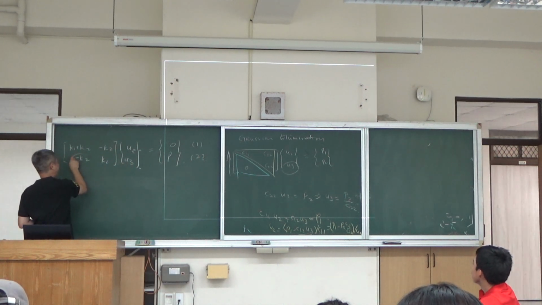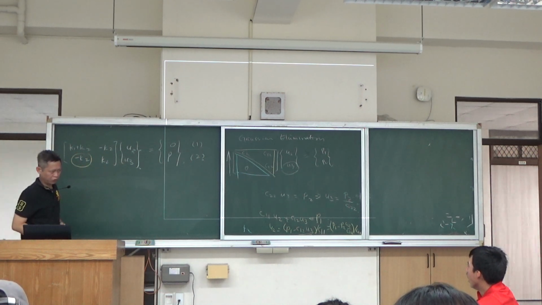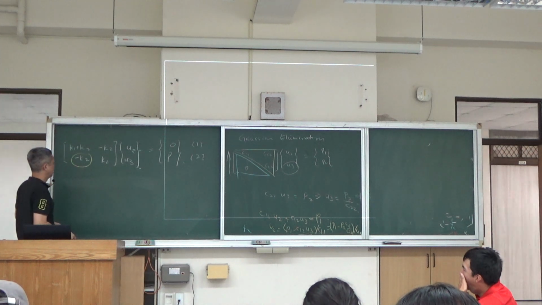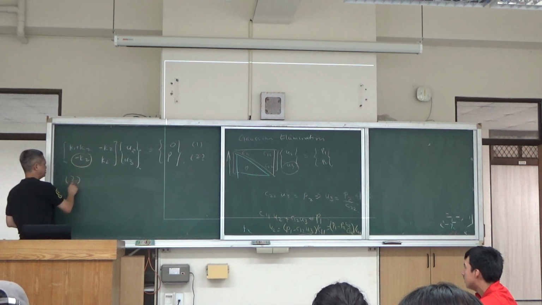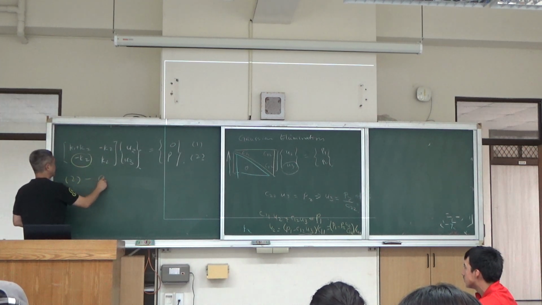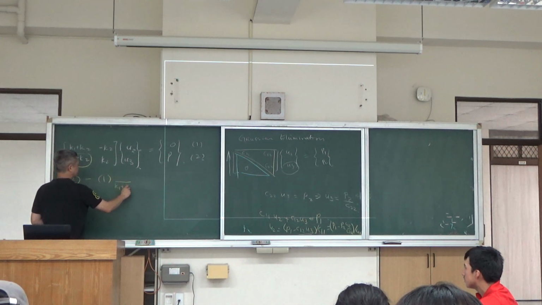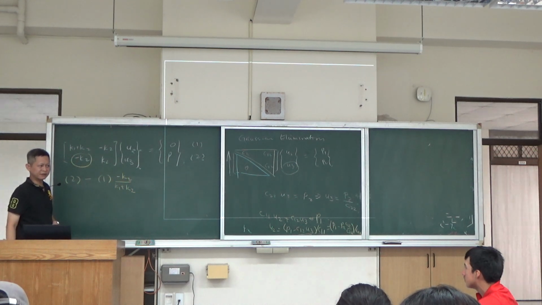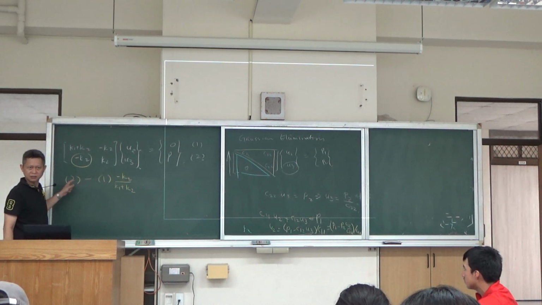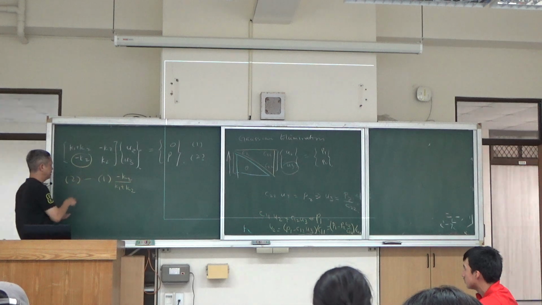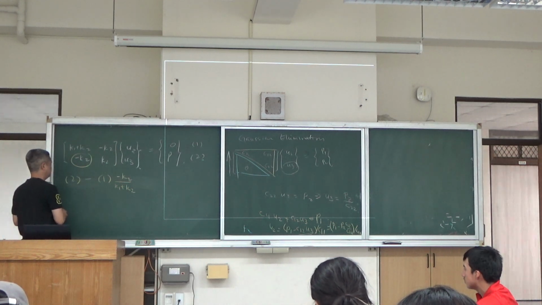If I want to make this term 0, how do I do this? I might take the second equation minus the first equation multiplied by k2 divided by k1 plus k2, with the sign chosen so it cancels. Is that right? Okay? So if you're really doing that, then what are you going to have?